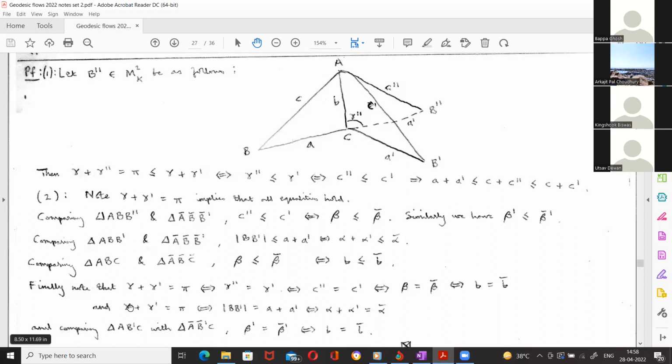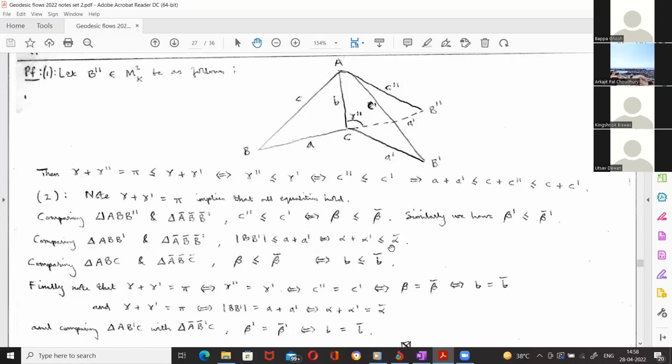And finally, gamma plus gamma prime equal to pi holds if and only if this length B prime is equal to A plus A prime. And that equality is equivalent to alpha plus alpha prime equal to alpha bar, because remember we used B prime less than or equal to A plus A prime to show that alpha plus alpha prime is less than or equal to alpha bar.